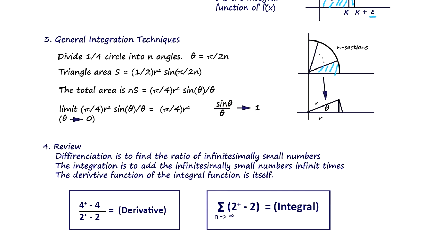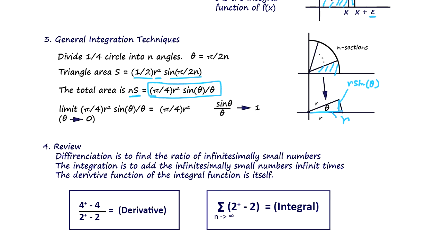One of these divided areas has this height, which is r sine theta, and this is r, so the triangle area is 1 over 2 r squared sine theta. The total area is n times that. We have n of them, so this is the total area.